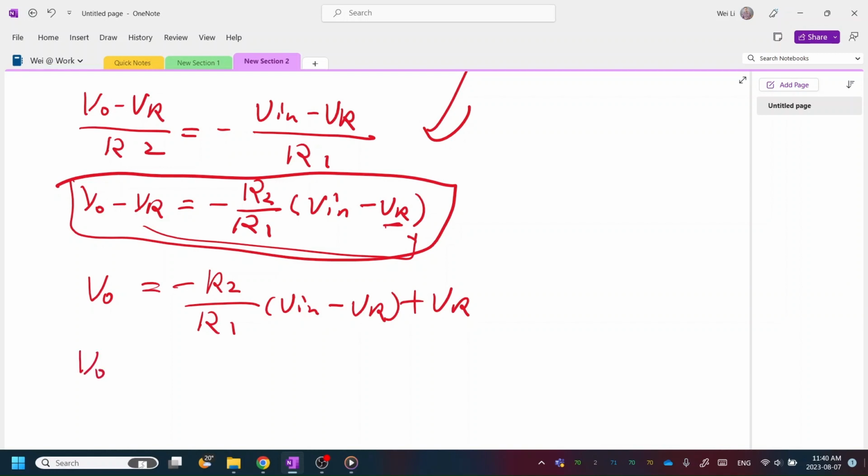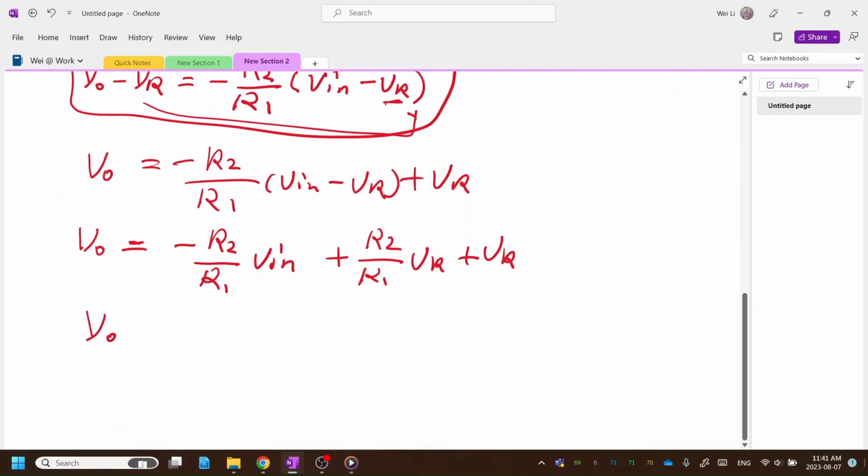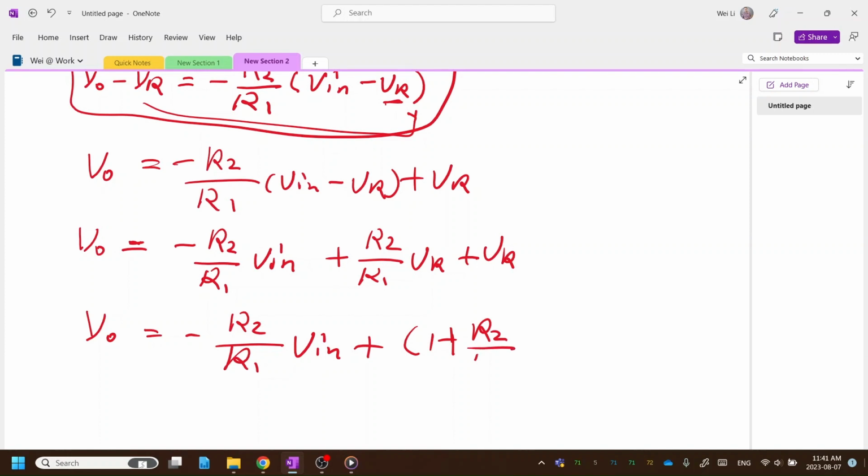Okay, and V out equals, putting this inside the bracket, minus R2/R1 V in plus R2/R1 VR plus VR. Okay, so V out equals minus R2/R1 V in plus 1 plus R2/R1 times VR.